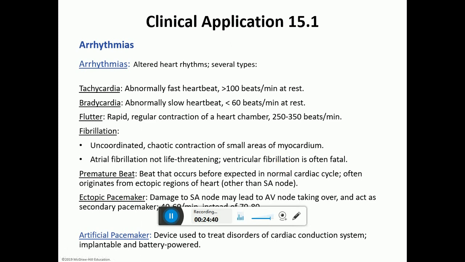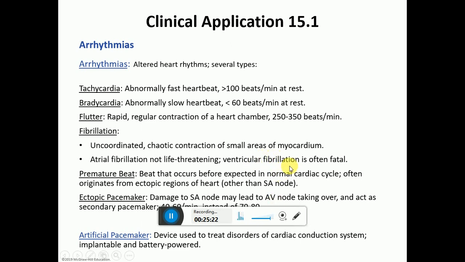The thing is that if the SA node cannot work, there is a backup battery, which is your AV node. If the AV node doesn't work, there's another backup, where one of the Purkinje fibers can take over. But in the case of VFib, it could be that somebody has an ectopic pacemaker. So it's not that the SA node is damaged or the AV node is damaged, but some other cell took over and is now causing too many heartbeats.